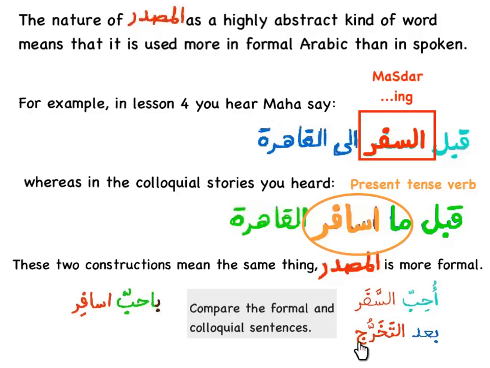Another example, بعد التخرج, after graduation, more like graduating. That's the masdar formula in Arabic. حسافر بعد ما أتخرج, I will travel after I graduate. Notice how it's present tense versus the ing form in formal Arabic.